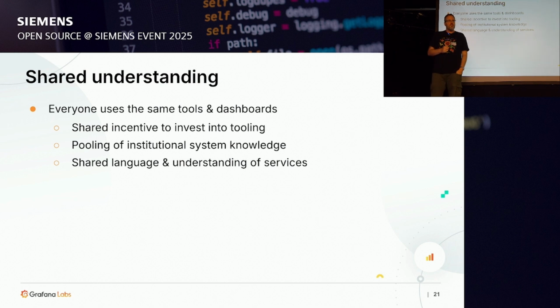Because what all of this does is, if you start having the same underlying basis of data and the same nomenclature and everything, if you use the same tools across the org, and I mean tool sprawl is a little bit of a problem here, as I was just having a few conversations earlier, everyone has a shared incentive to invest into the same platform, into the same tooling. You have this really awesome database expert, and they go in and they optimize this one database, this one dashboard.